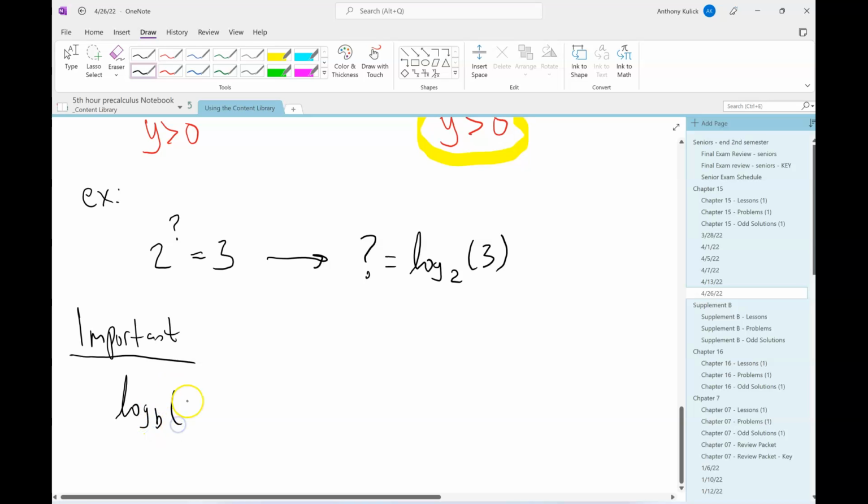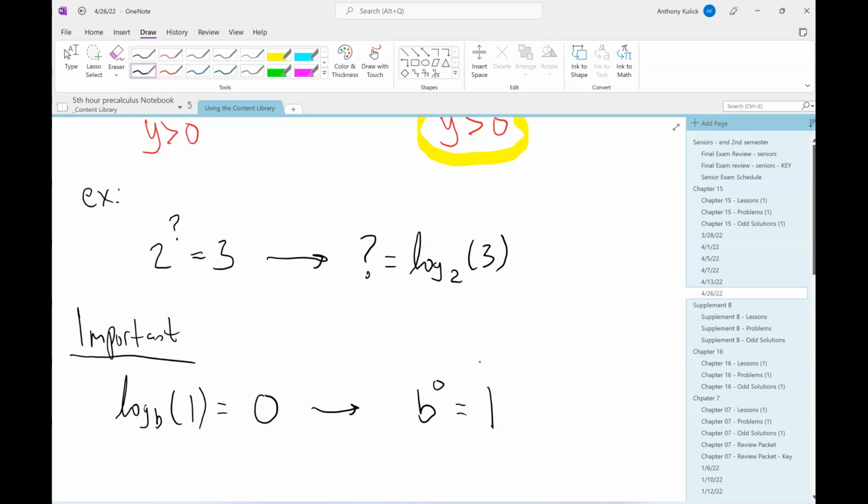The first observation was that the logarithm of 1, any logarithm of 1, it doesn't matter if it's log base 2 or 10 or e or 17/3, it's always 0. And the reason is that we know that any non-zero number to the 0 power is equal to 1. Right? That was a property of exponents that we would have talked about in our Algebra 2 class.